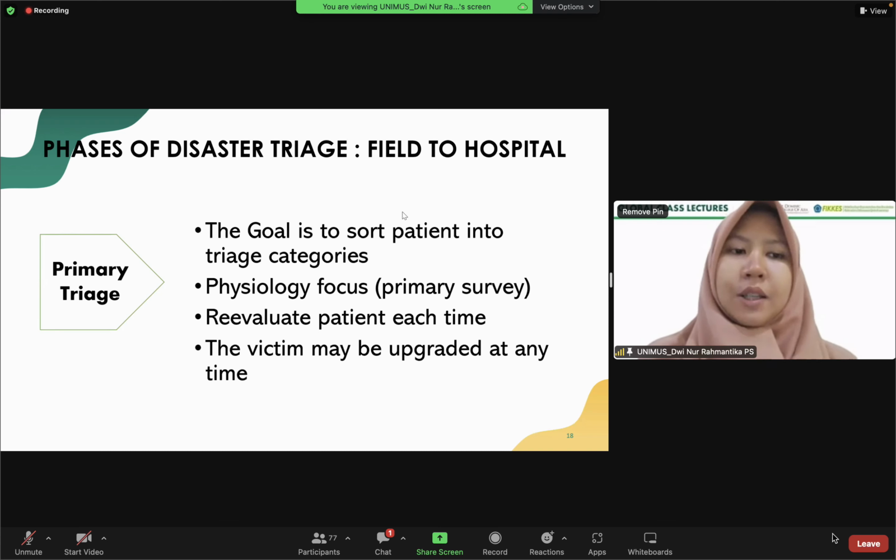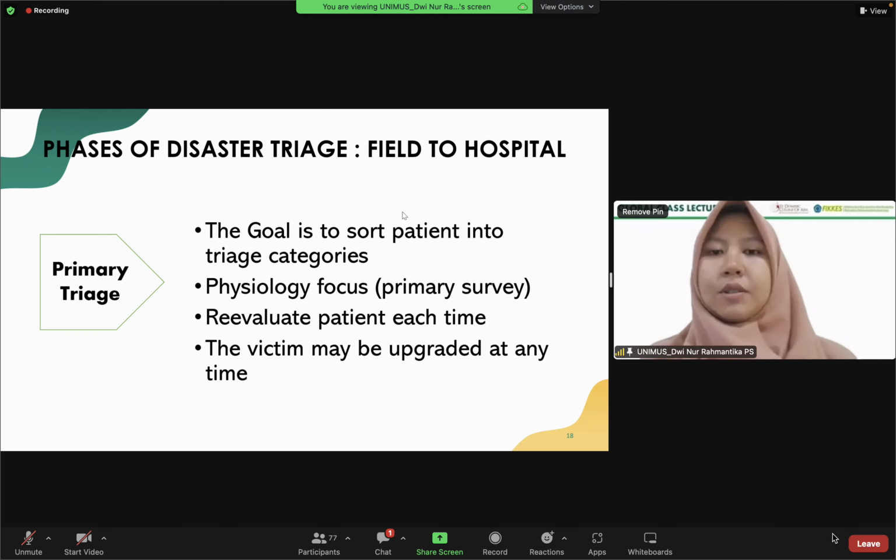We also re-evaluate the patient continuously, because the condition can change rapidly. A patient from green can rapidly move to red, or from red move to yellow. So we rapidly re-evaluate the patient only in A, B, C.